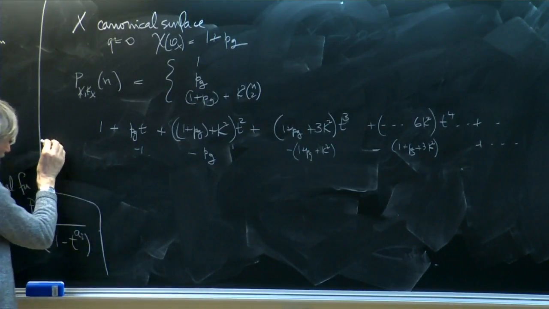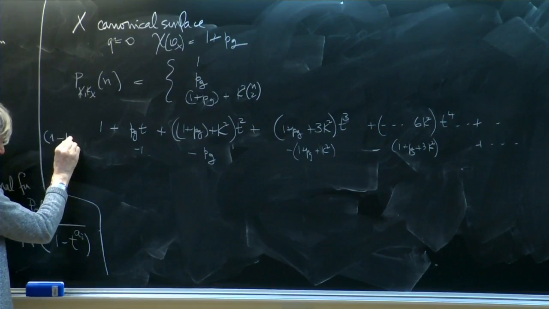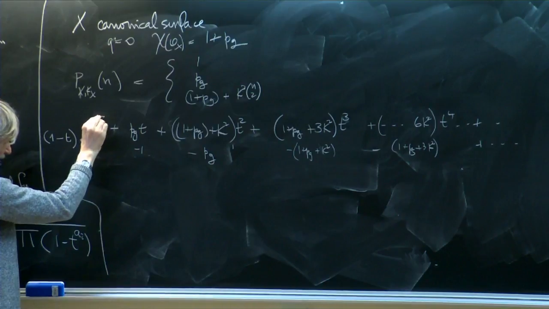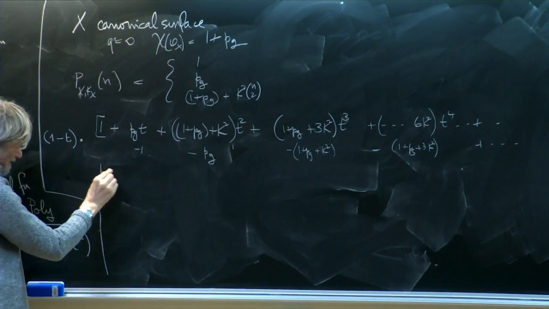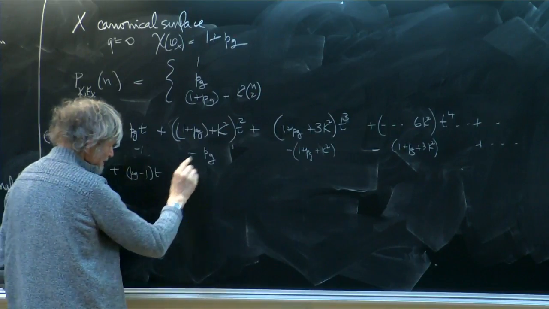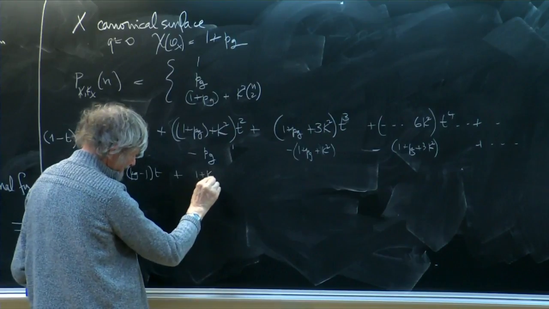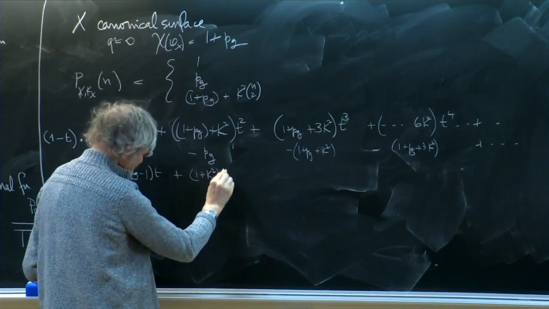So what I'm doing here is long multiplication by 1 minus t. What I get is 1 plus pg minus 1 t, plus, so the pg comes out here, but the 1 remains, 1 plus k squared t squared.